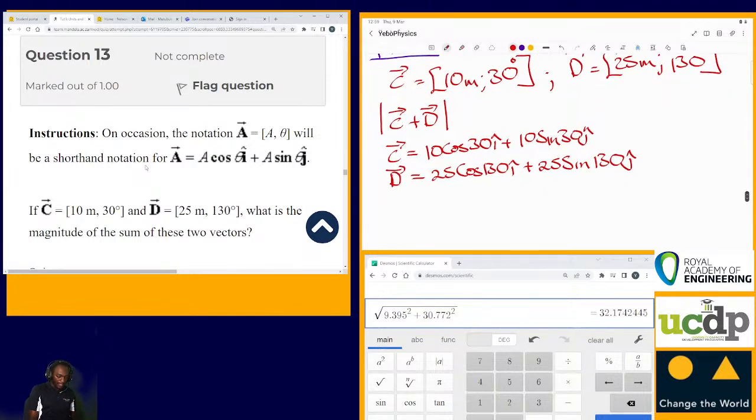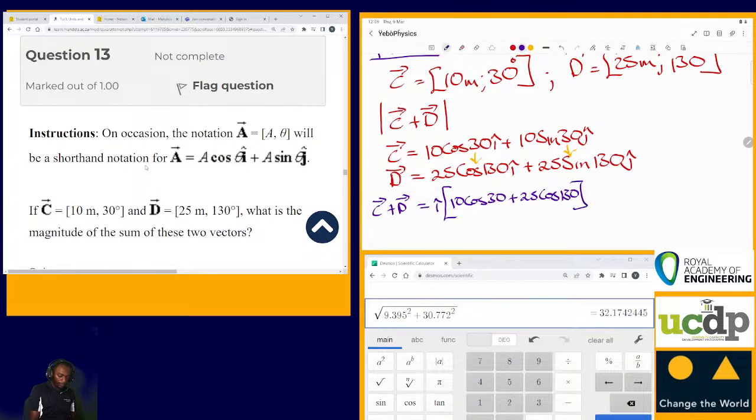Now we can simply add the I components together and the J components together to get the sum of the two vectors. So vector C plus vector D is going to be equal to, we deal with the I direction first, 10 cos 30 plus 25 cos 130.